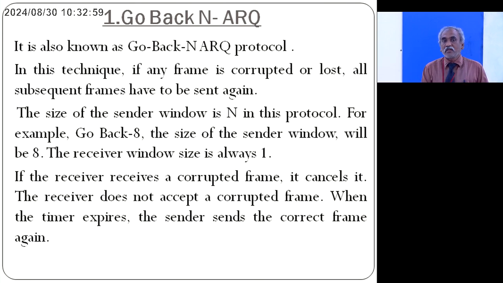So that is the point. Also there is a concept of a timer. If the receiver does not receive the frames within the fixed time set by the sender, the sender must resend the frames. So when the timer expires, the sender resends the frame.